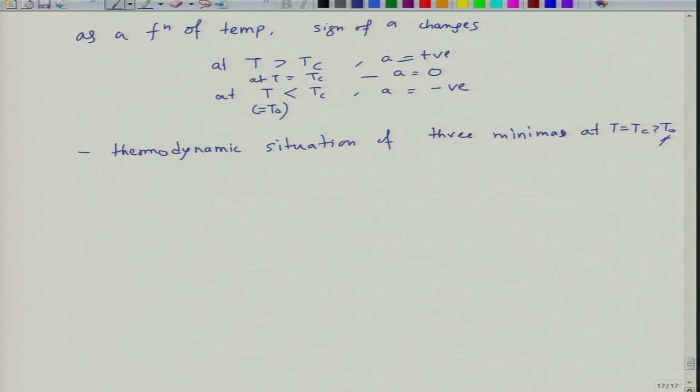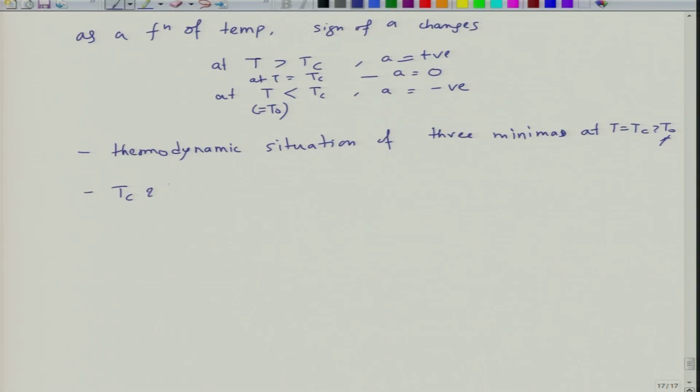So just below the temperature at which you see the double well, you see a triple well, and between Tc and T naught something funny happens.